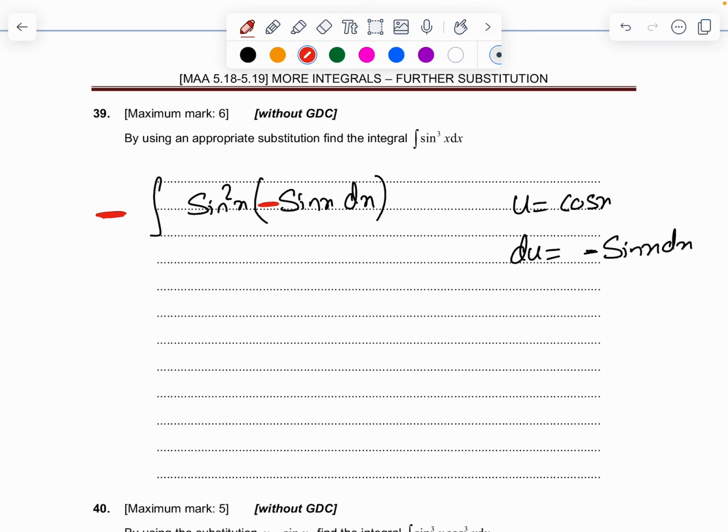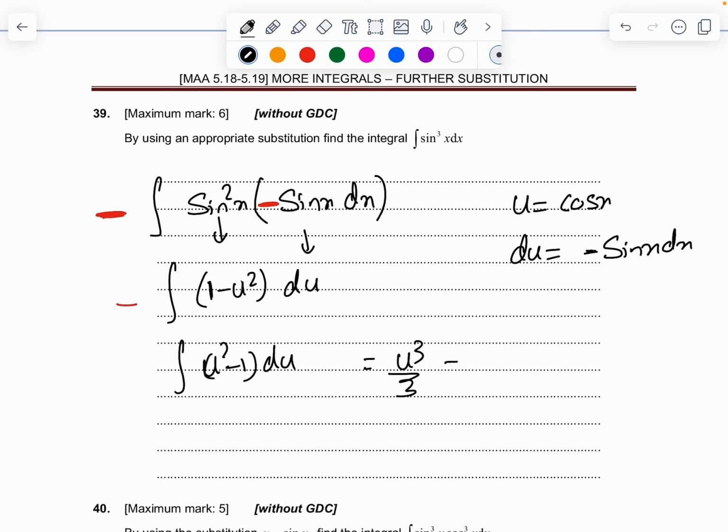So what does that become now? Minus integral of sin square x, which is 1 minus cos square x, that is 1 minus u square, and sin x dx is nothing but minus du. So it becomes integral of u square minus 1 du, which becomes u cube by 3 minus u plus c. Which is nothing but cos cube x by 3 minus cos x plus c.